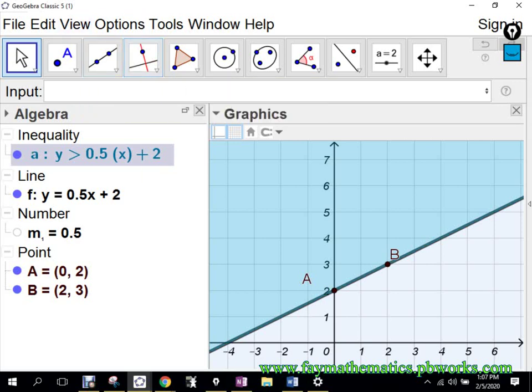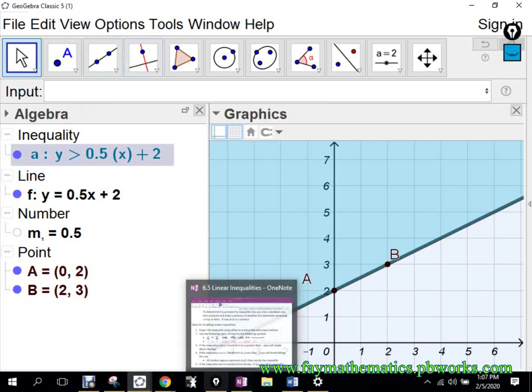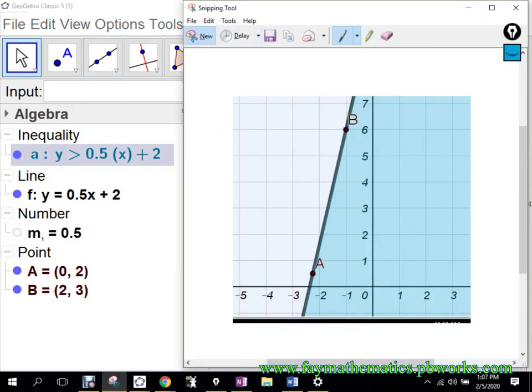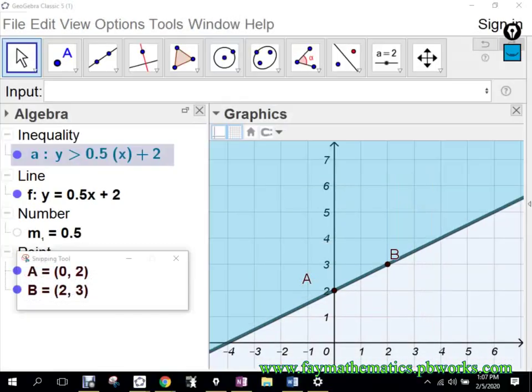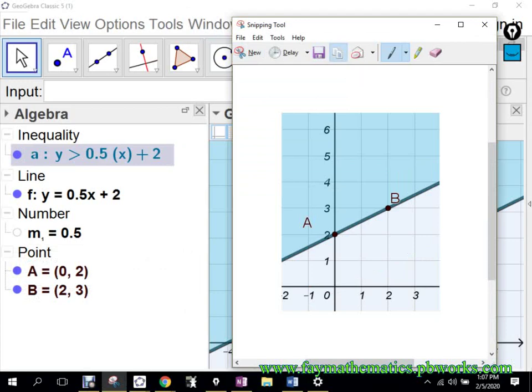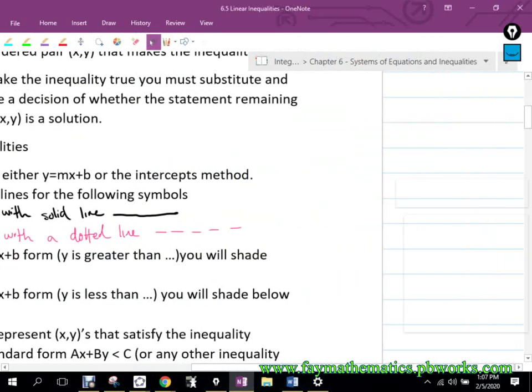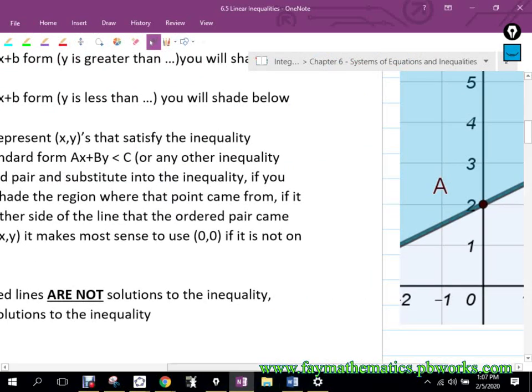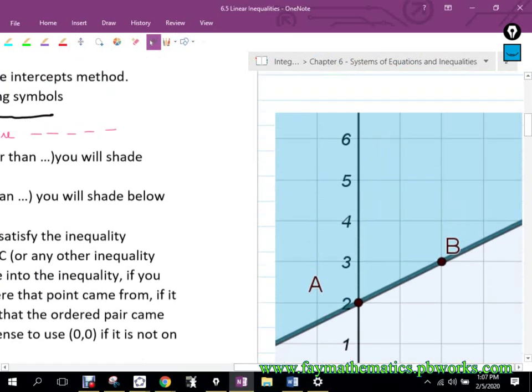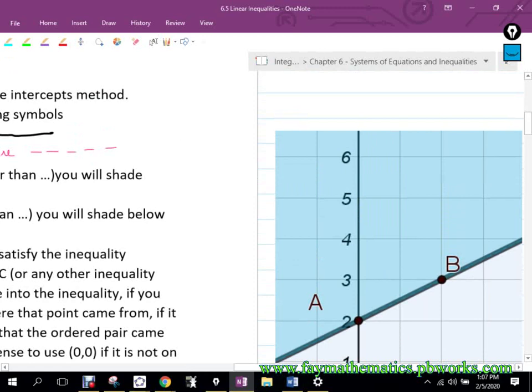Now, what I told the last class is if I can't figure out where to shade, what I like to do, and this is because the lines eventually get steeper and it's harder to determine, is take a stick figure. Okay?